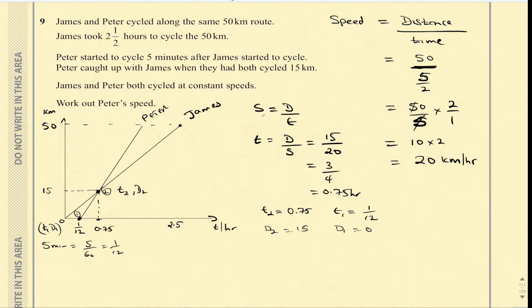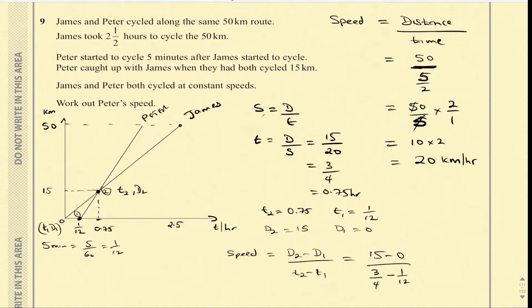So the gradient, which is the speed, is D2 minus D1 over T2 minus T1, which is 15 minus 0 over 0.75 minus 1/12.